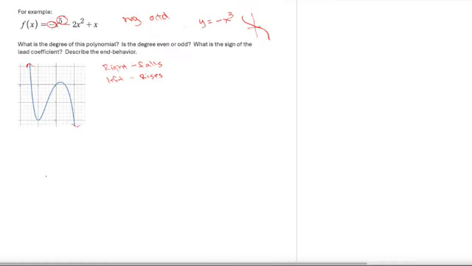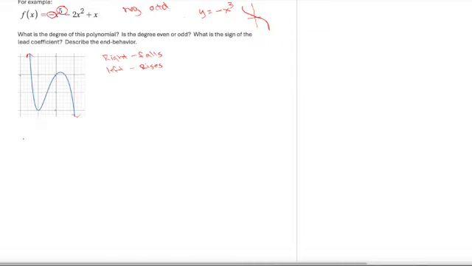So now, when we're looking at a polynomial and we want to determine all of these things, we can do that. So let's take one last example to put this all together.